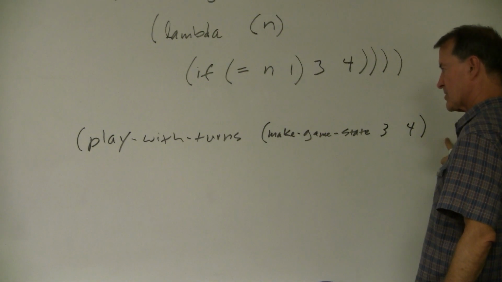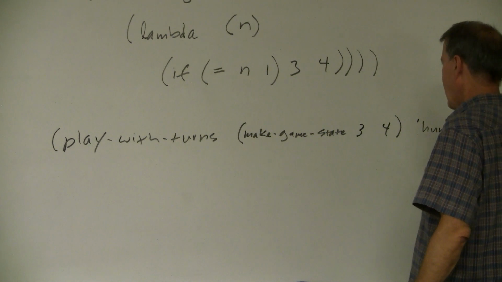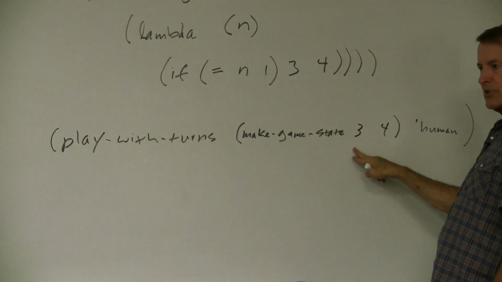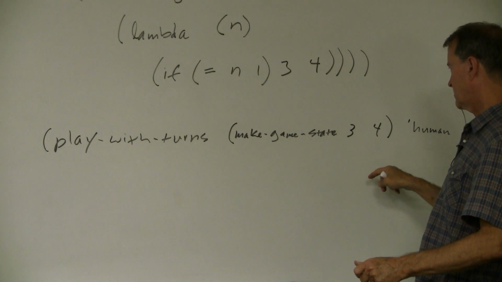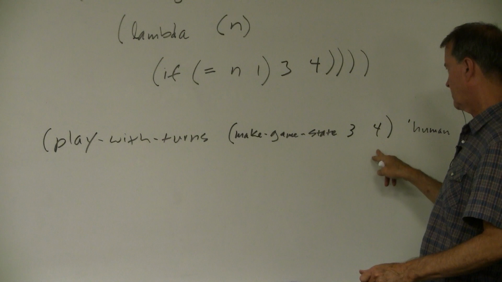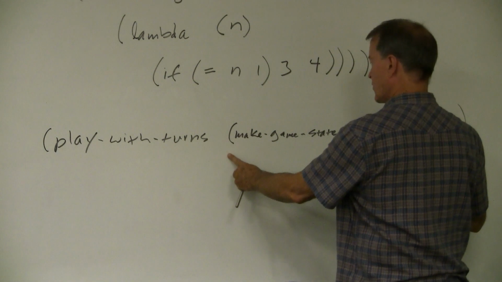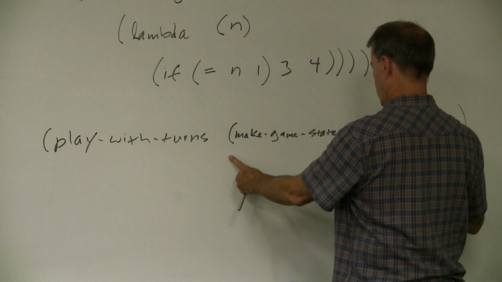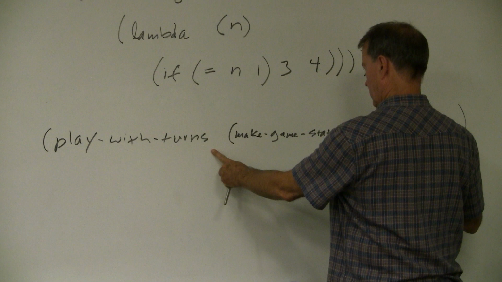And then there was another one, wasn't there? Oh, human. And so the formal parameter. Maybe that's why. The formal parameter for that make game state call is just game state, right? No. What gets returned is game state, and the first formal parameter for play with turns is make game state.